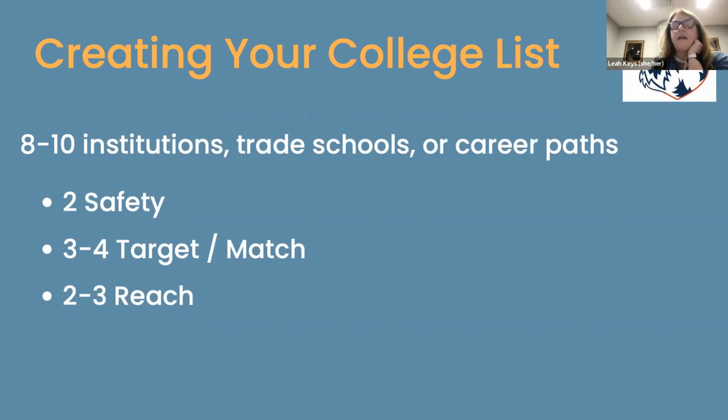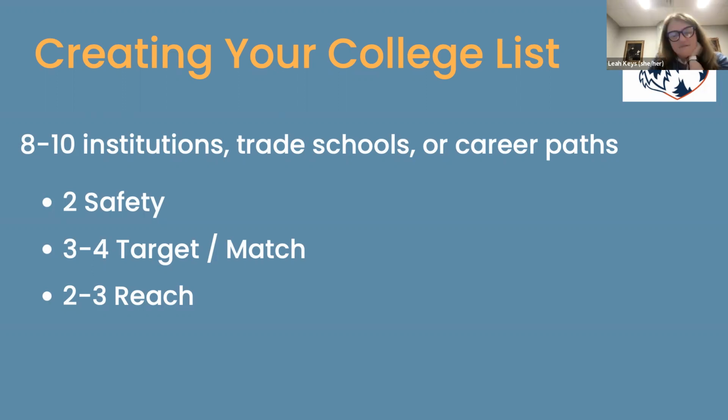And then the last one being 2 to 3 reach schools. A reach school is a school that, when you look at their admissions data, feels like the self-reported numbers are against you. It can feel like, oh my gosh, this college only accepts 10% of the people who apply.